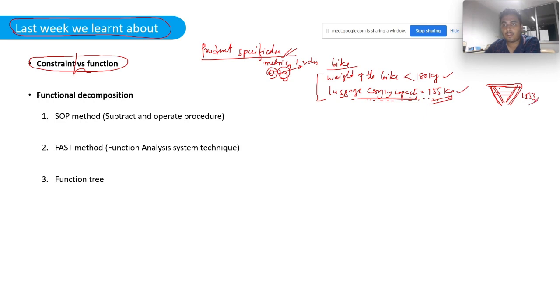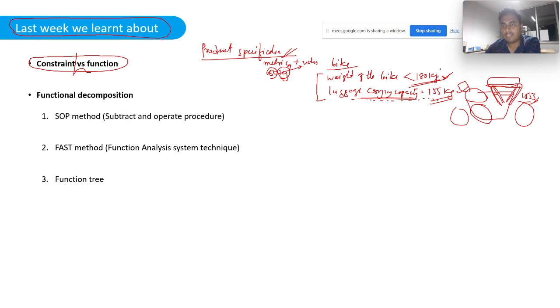But weight of the bike less than 180 kg is not something we can decide prior to deciding all the various components, because a bike has a fuel tank, chassis, engine, seats, wheels. Only at the end can we think about what the weight of the bike is going to be.